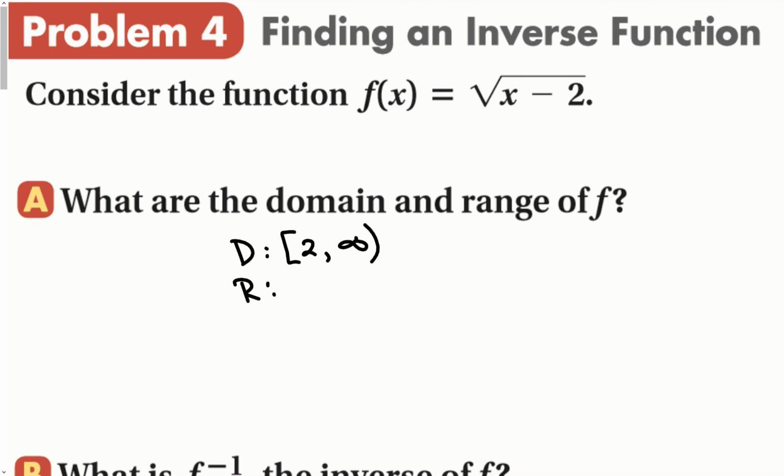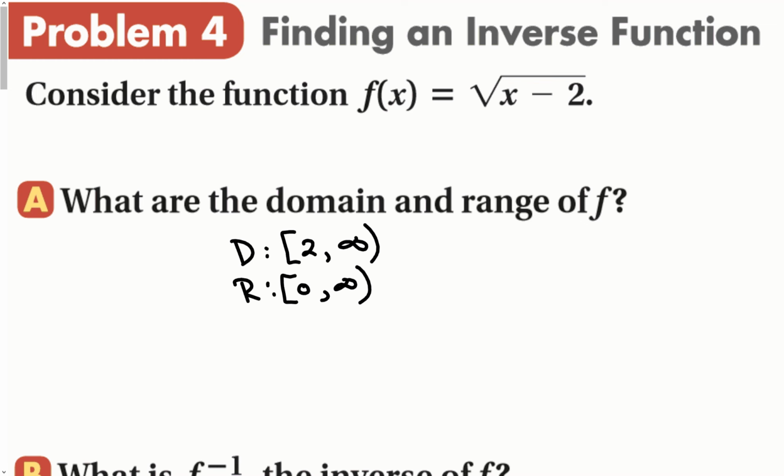The range is from 0 to infinity because I can't plug anything less than 2. And as I keep plugging bigger and bigger numbers in, if I plug 2 in here, I get 0. But this just keeps getting bigger, right? So it's never going to go back to being a negative.